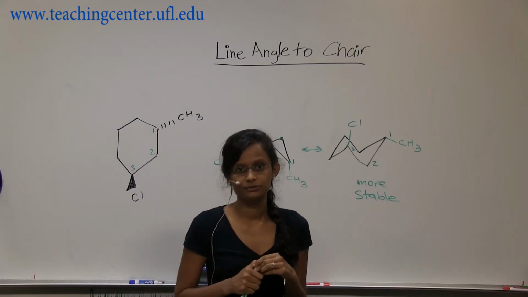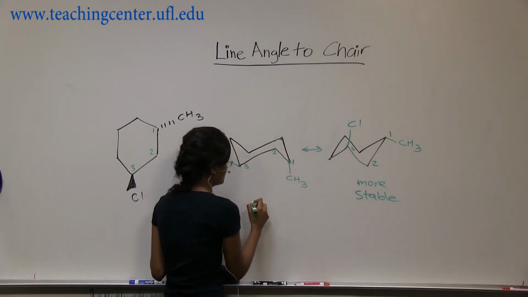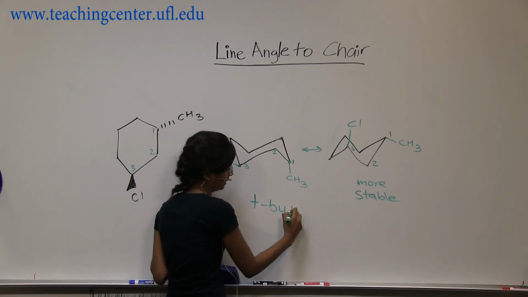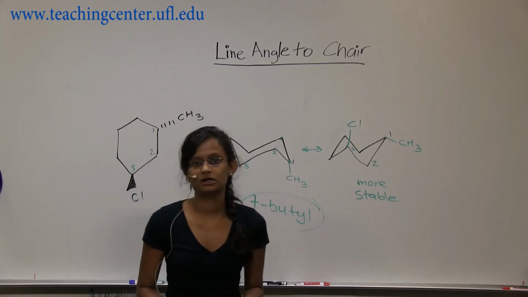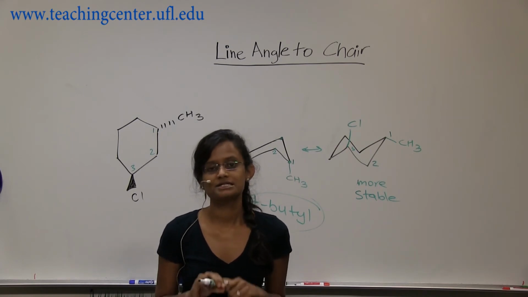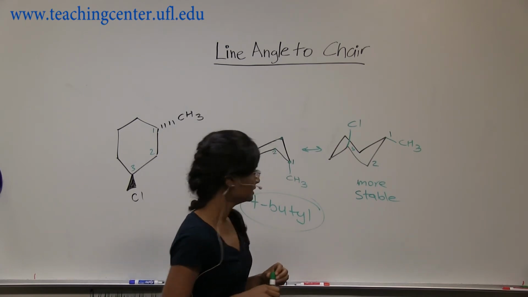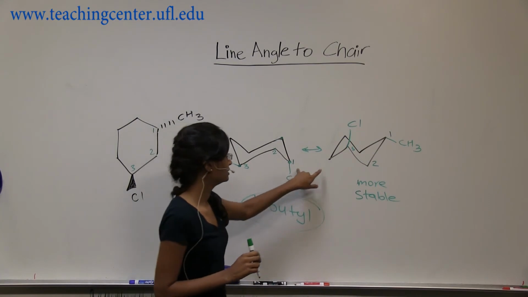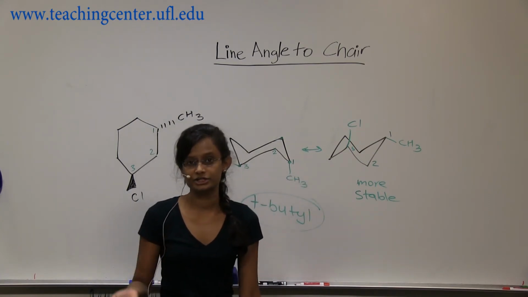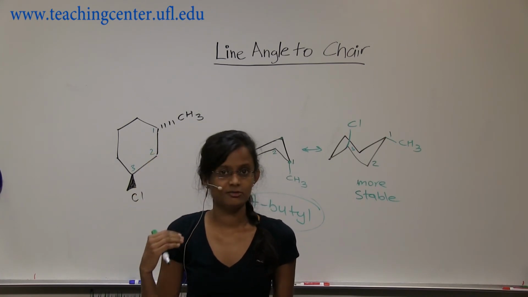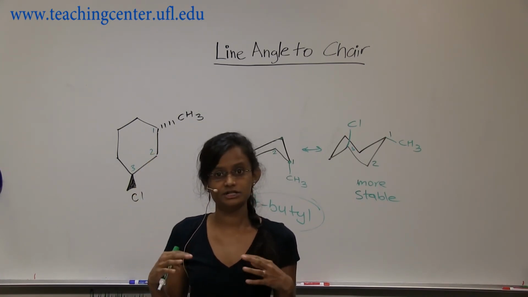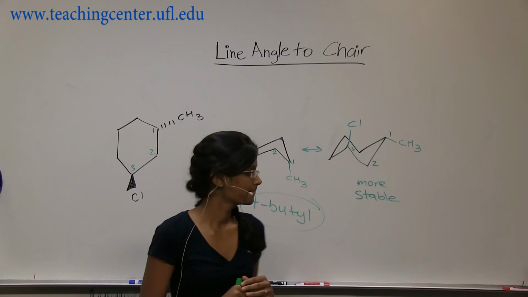Think about a t-butyl group on a chair. We would always want that on equatorial for a stable chair. The only difference between these two conformers is the energy, or the stability. The higher the energy, the less stable it is. The lower the energy, the more stable it is.